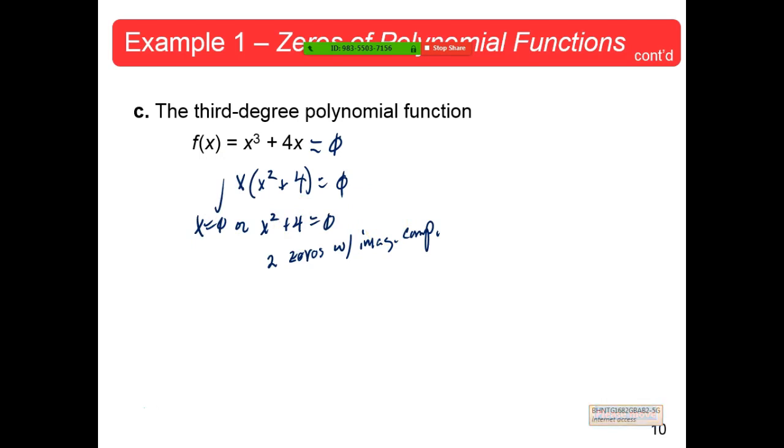For the purpose of the rest of what we do, that's all you have to say. The book is going to tell you what they are, and it's pretty simple. So we'll watch them do it, but we're not going to get too bent out of shape over it. Okay? So there's your 3 zeros. 1 real and 2 with imaginary components. Okay? That's really all you can say there.